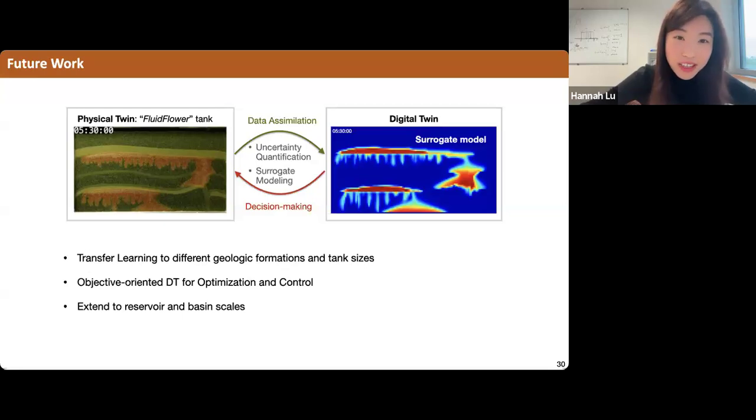And of course, a more challenging question would be how to extend the current framework, where we have the luxury of full-field data in the experiments, to reservoir and basin scales in real life, where we don't have the luxury of full-field data. We only have indirect, sparse data. There will be more challenging questions to address in this framework, and hopefully machine learning can help us with some aspects of it.